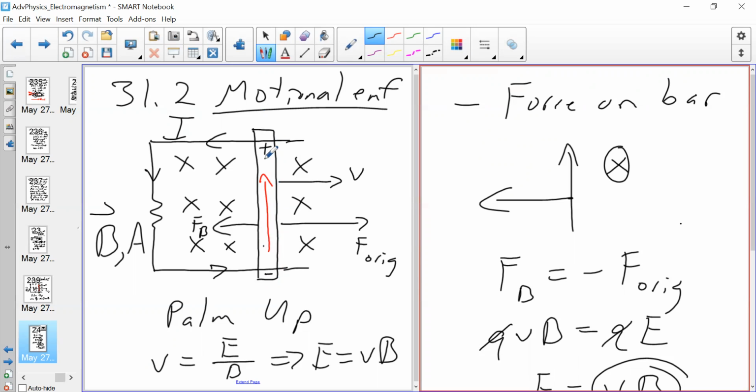And then the change in the magnetic flux is going to equal 0 also, because the original field is going inside. The current is in such a direction that it creates a new magnetic field that comes out, that goes out of the page.